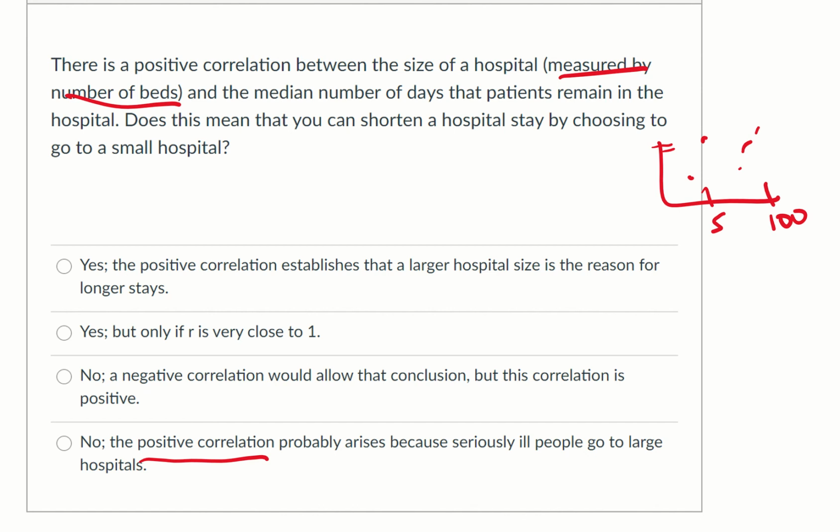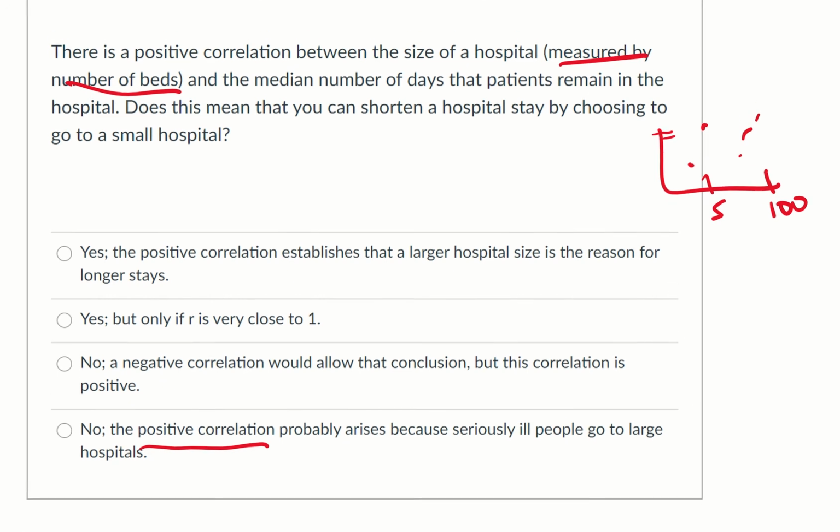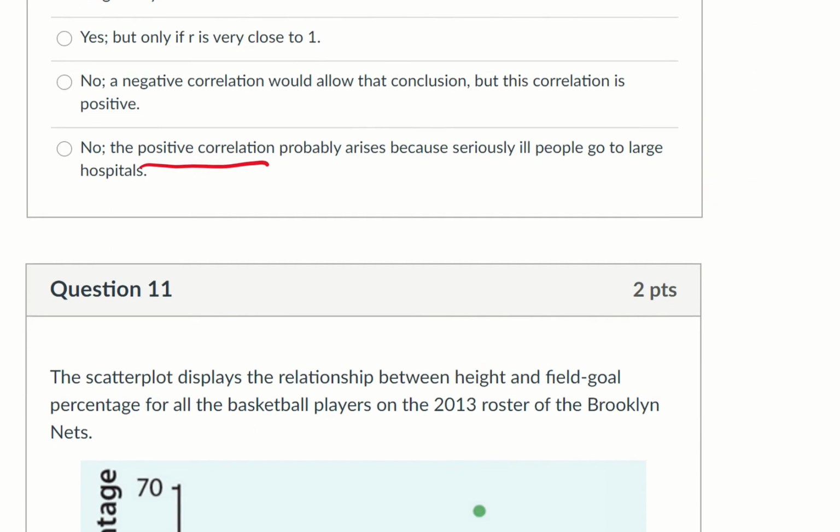There could be other variables at play besides the relationship we see here, and therefore correlation does not indicate causation in general.